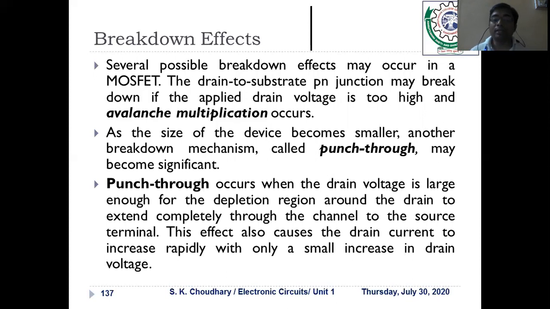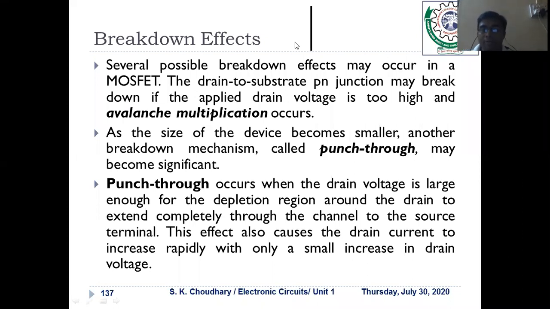Punch through occurs when the drain voltage is large enough for the depletion region around the drain to extend completely through the channel to the source terminal, and this effect causes the drain current to increase rapidly with only a small increase in the drain voltage.